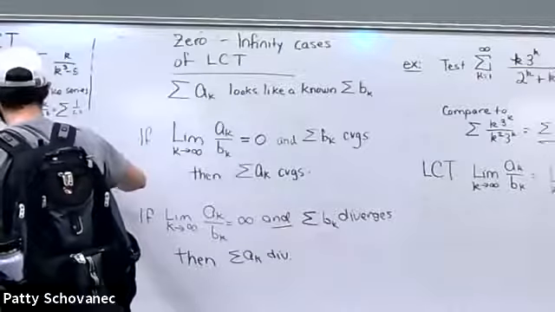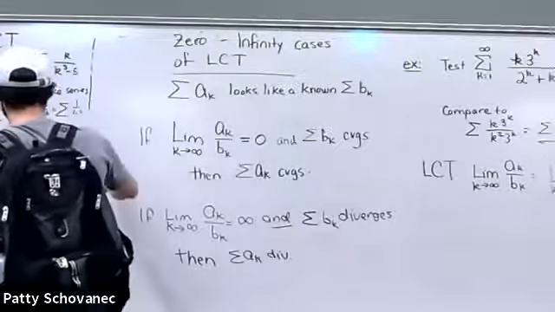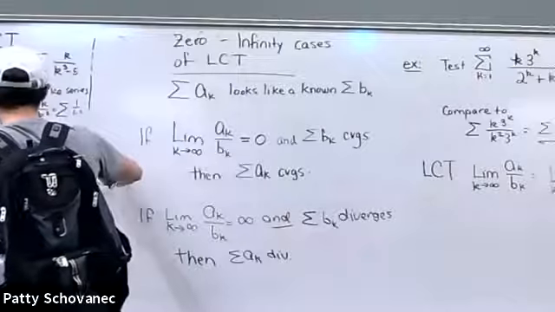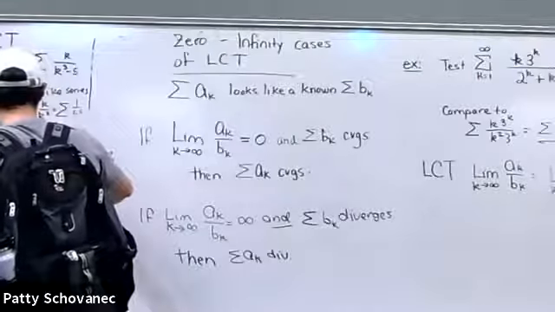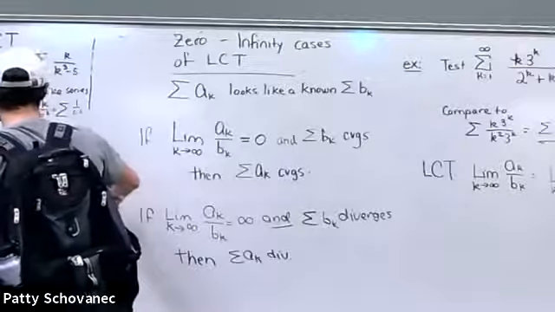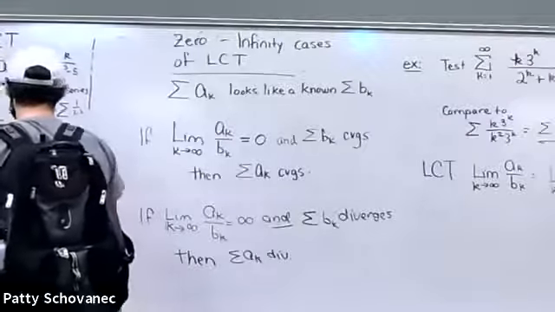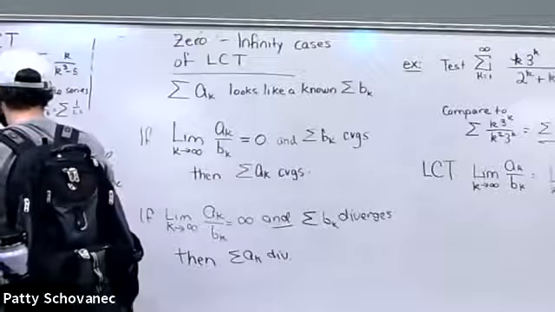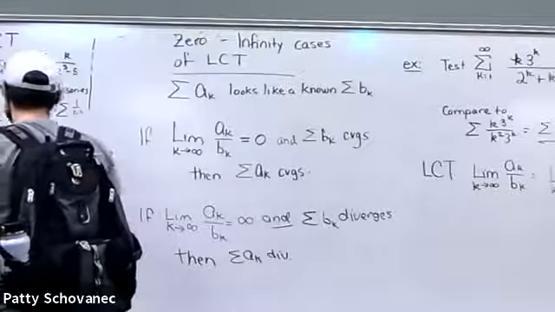Bigger on top, the limit is not a finite number. And I just remember the last one is the divided coefficients. Right, so that must mean they're the same. That's right.